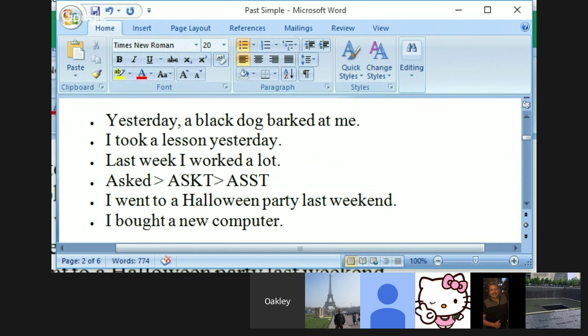Some verbs, because of the verb itself, the definition is a single, abrupt, quick action. When that action happens and it's over, it's over. So it's obviously in the past.